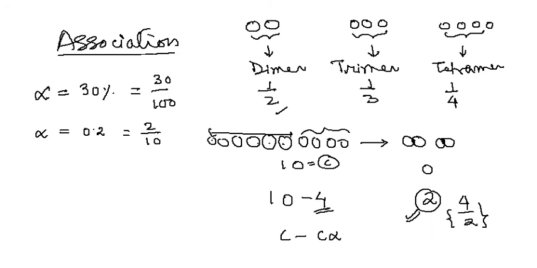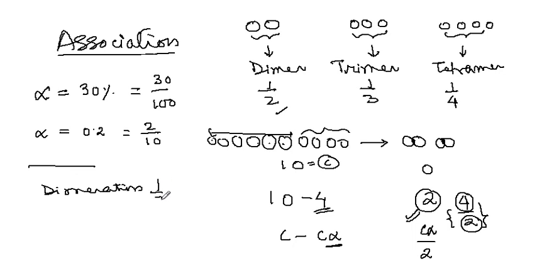So for the 4, if we write it as C alpha, what did we observe earlier? We observed that the 4 was divided by 2, so the C alpha we are going to divide by 2. If it is a dimerization, we are going to divide it by 2 at this part.